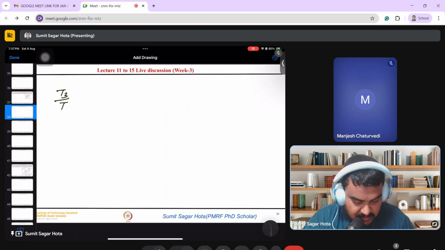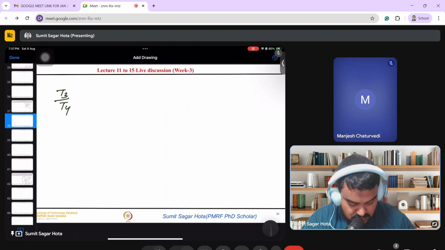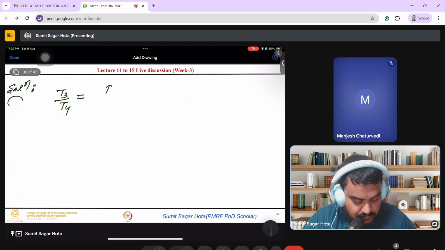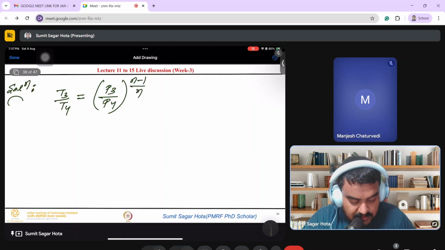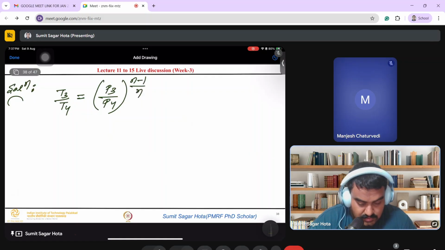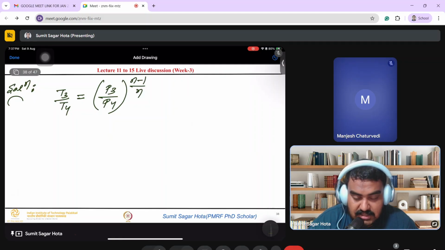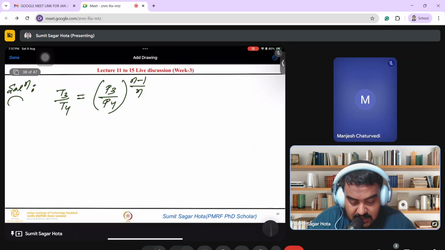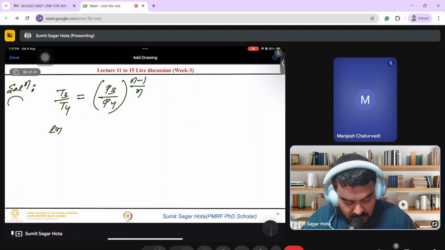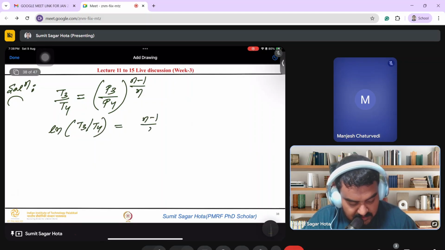So T3 by T4 is equal to P3 by P4 to the power n minus 1 by n. Let's take ln on both sides, and keep n minus 1 by n on one side and all other temperature and pressure terms on the other. Like ln T3 by T4 is equal to n minus 1 by n into ln P3 by P4.